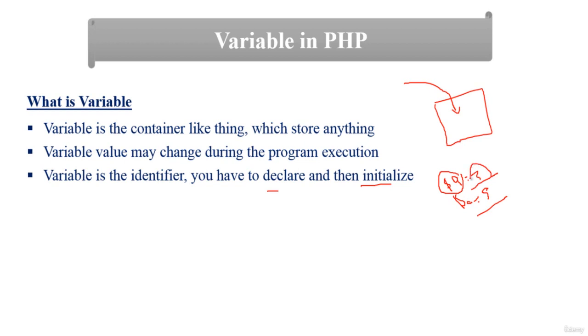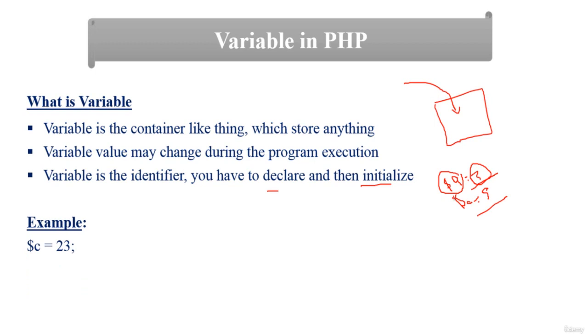This is an initialization. In some programming languages, declaration of a variable is completed on one line and on the second line we start initialization, but in some cases like this one, declaration and initialization are completed on the same line.